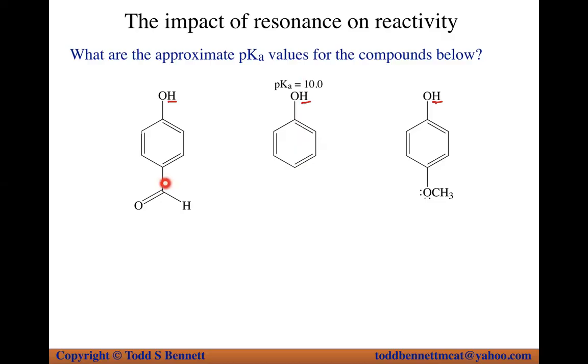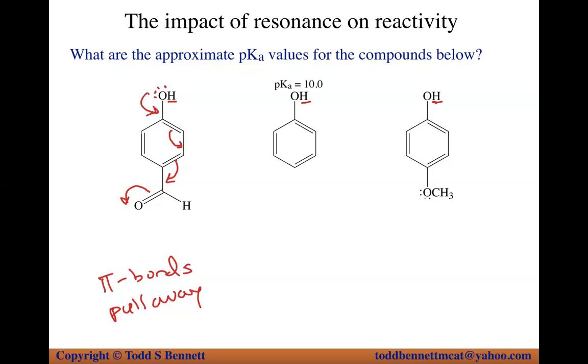So the question is, how will a pi bond affect this? So pi bonds pull away when it comes to resonance. Meaning this pi bond is going to pull electron density that way, which makes this bond have to shift over, which makes this bond shift over, which ultimately is going to take away electron density.